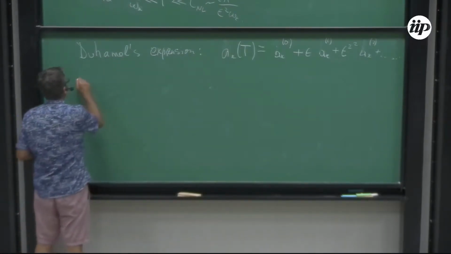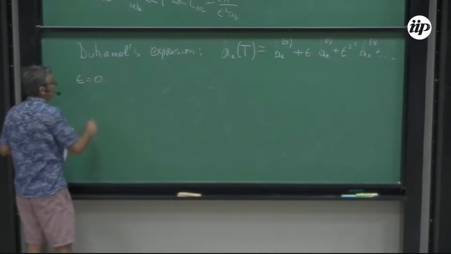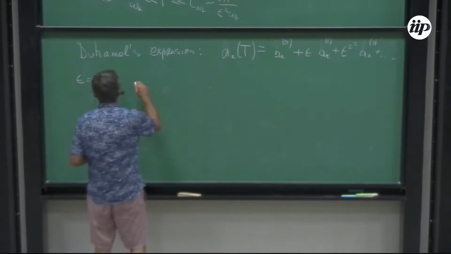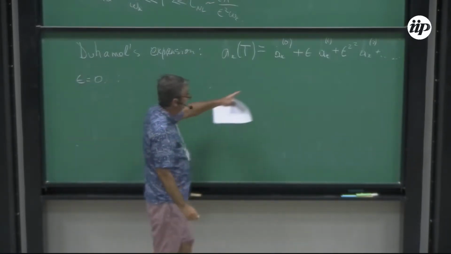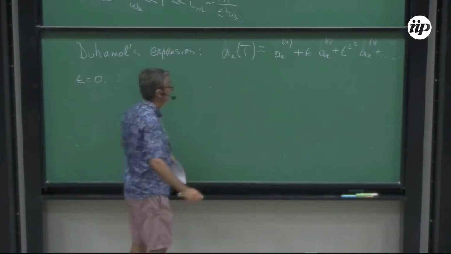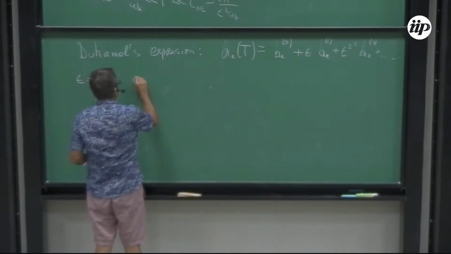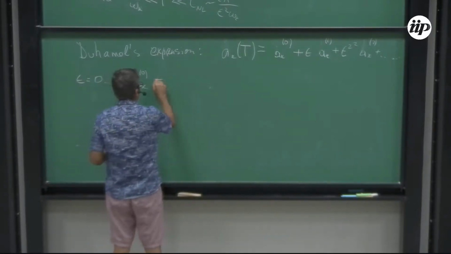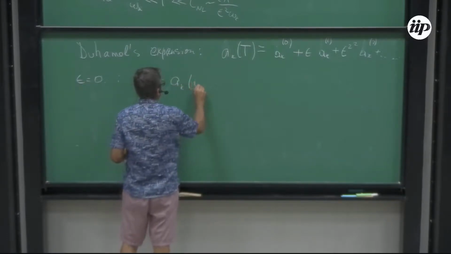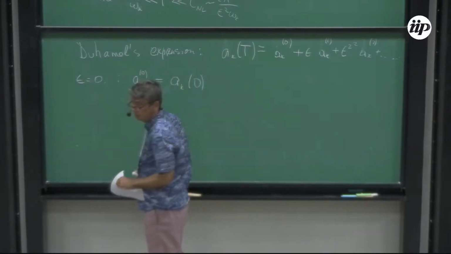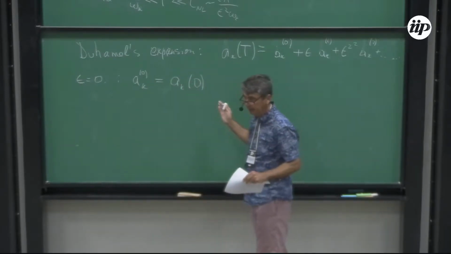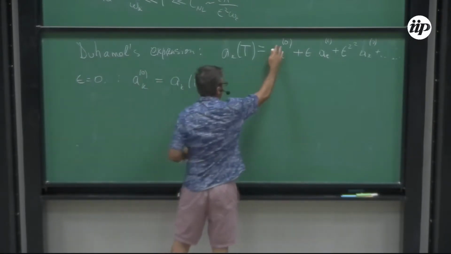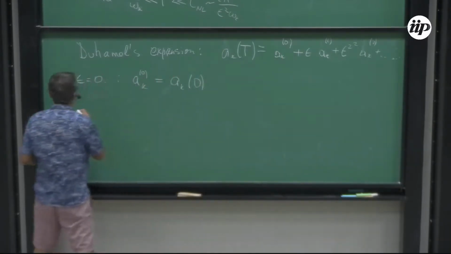So the linear theory is when epsilon equal to 0, right? So if I put epsilon equal to 0, I have this. The first term corresponds to a linear theory, which we know corresponds to constant AK, right? It's not evolving, right? So we found that A0 is just an initial condition, right?